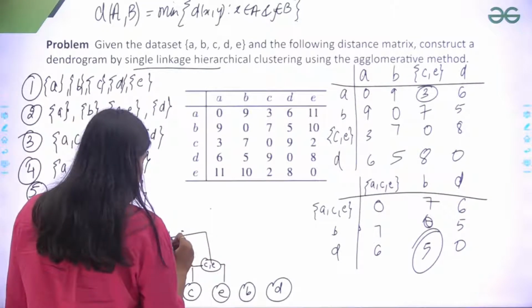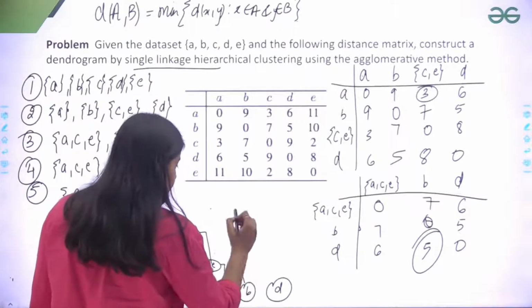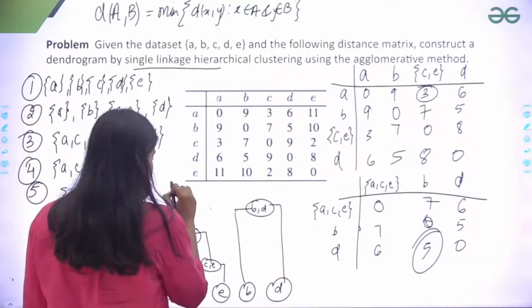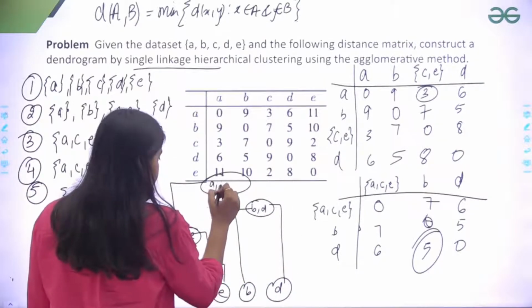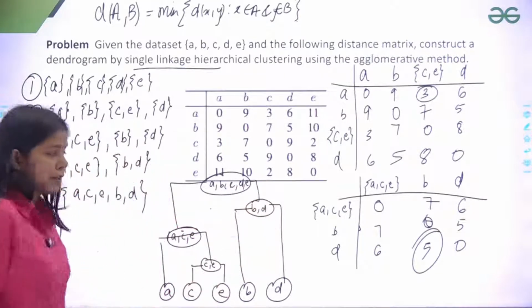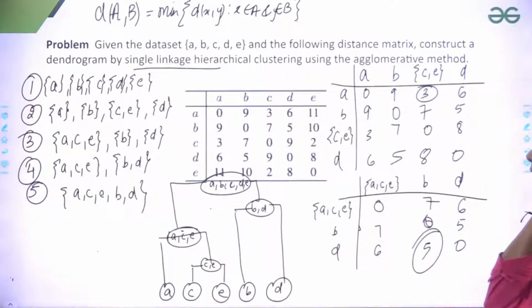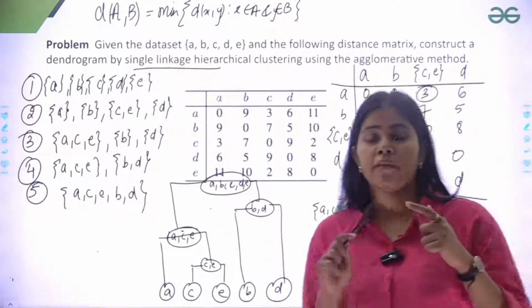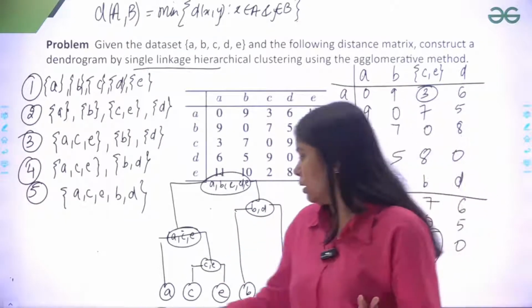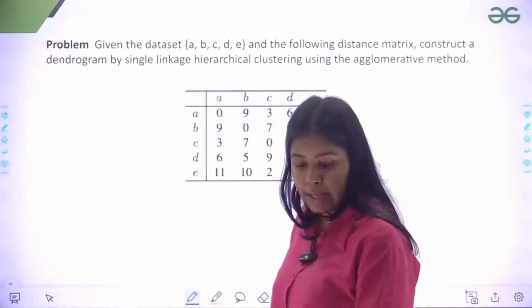So I'll get here A comma C comma E, another, and then at this point B comma D gets combined, and then at the end I'll get A, B, C, D, E, right? So this is a dendrogram. So now you can see that it is a proper dendrogram you get, right? So we have discussed complete linkage, we have discussed single linkage, but one of the clustering types we are left with, let me know if there is any confusion in this.